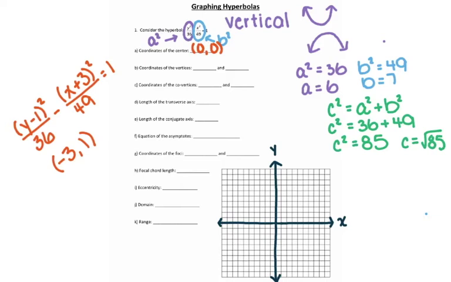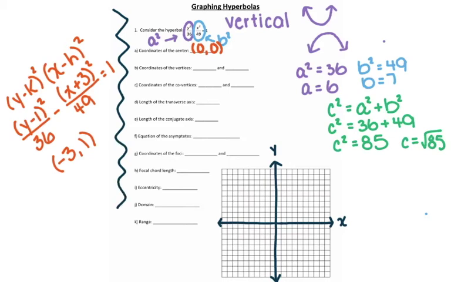The h is here because it's x minus h squared, and this is y minus k squared. So you have to make sure you're putting the h first. Okay, so that was just a little side note. It doesn't have to do with this problem, but for the future. All right. So after you draw your axes, let's plot our center at 0, 0.